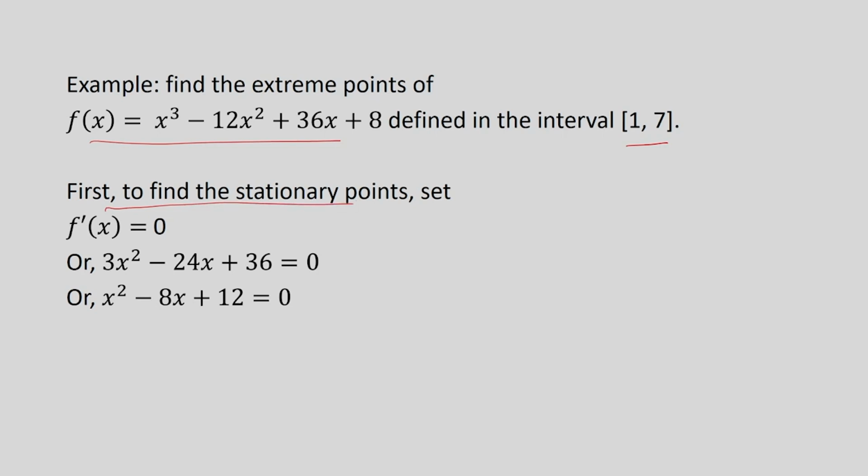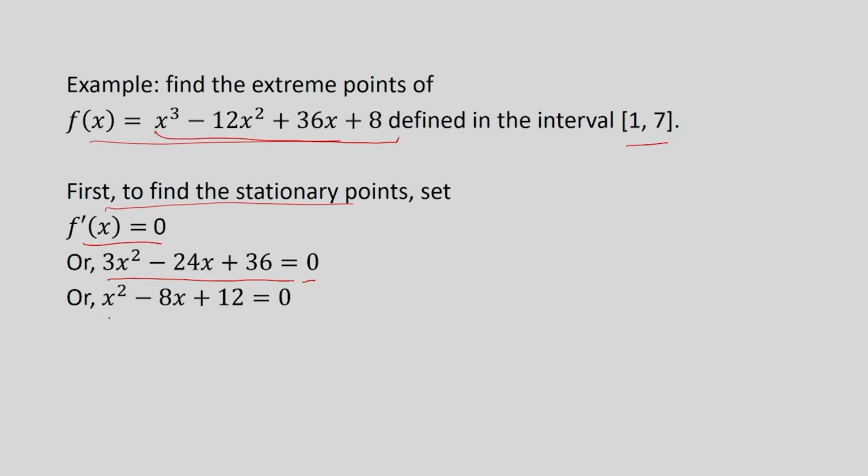So, how do I find the stationary points? I set f dash of x is equal to 0, and so the left hand side is 3x square minus 24x plus 36. It is obtained from this function, and that is equal to 0.